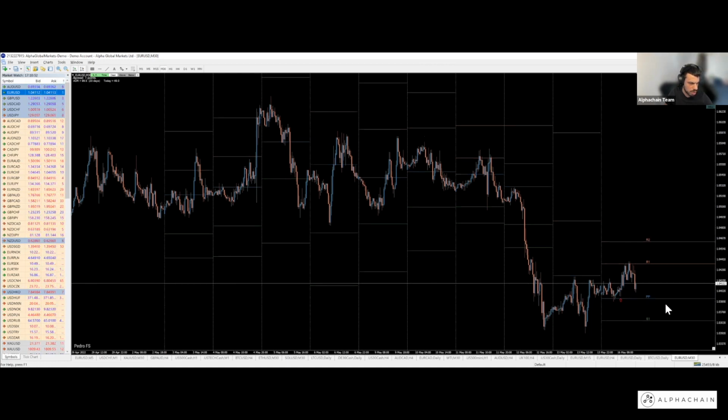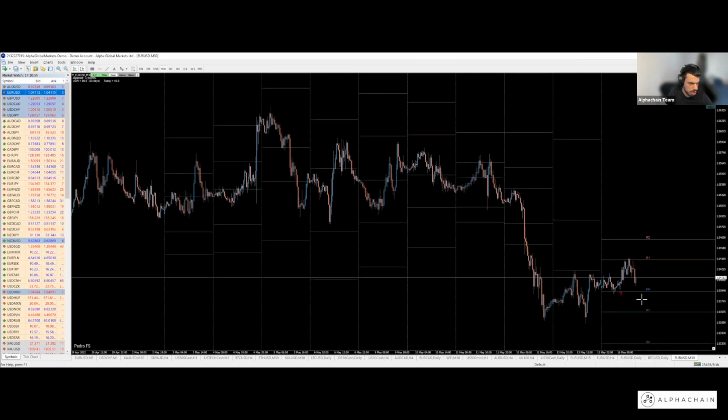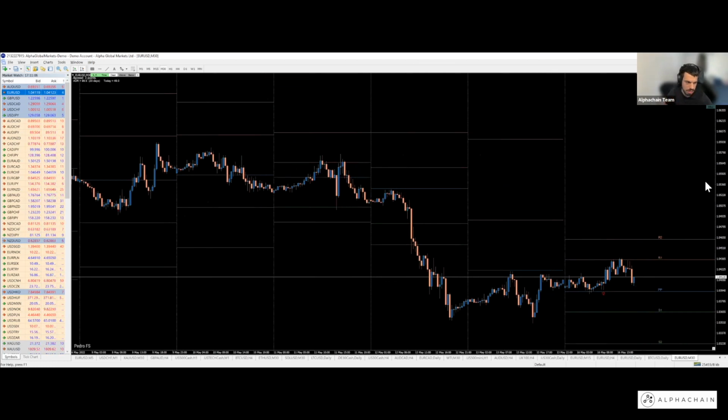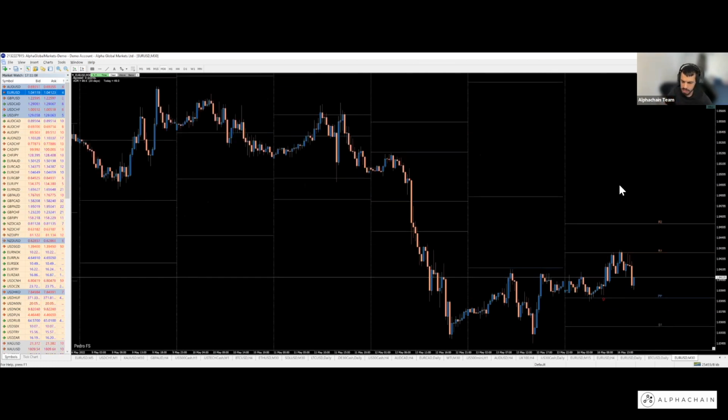If you do the opposite, taking 70 pips from the PP level, you have the S2 level. So basically, this is the calculation. We don't need to calculate it ourselves. It's done automatically by the indicator.